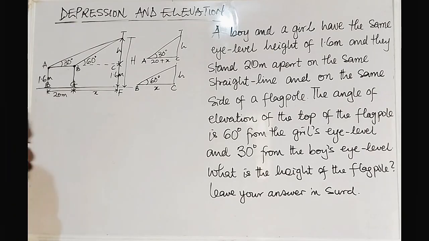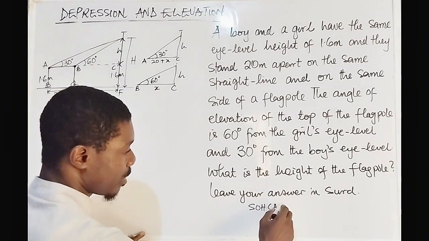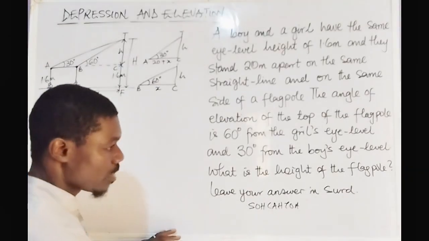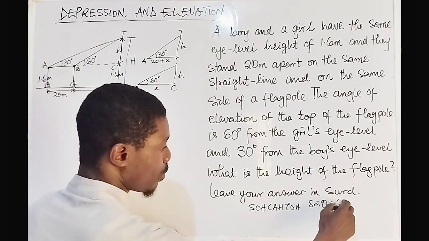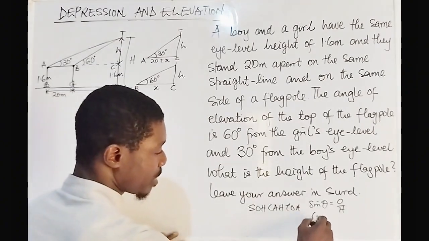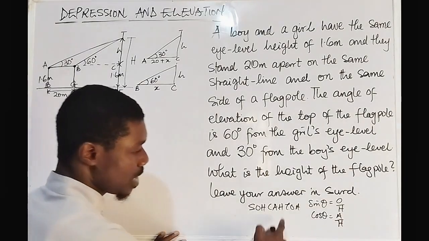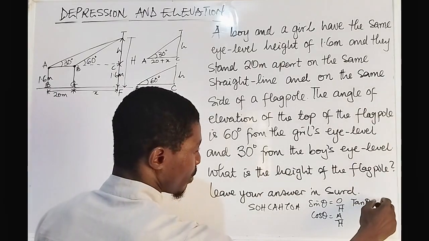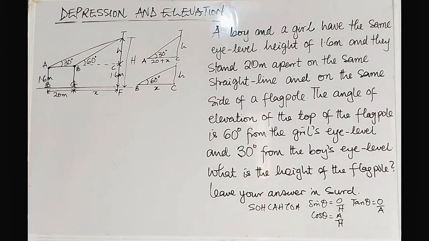And let us recall our SOHCAHTOA, where SO represents sine theta equals opposite over hypotenuse, then cos theta equals adjacent over hypotenuse, and tan theta equals opposite over adjacent.